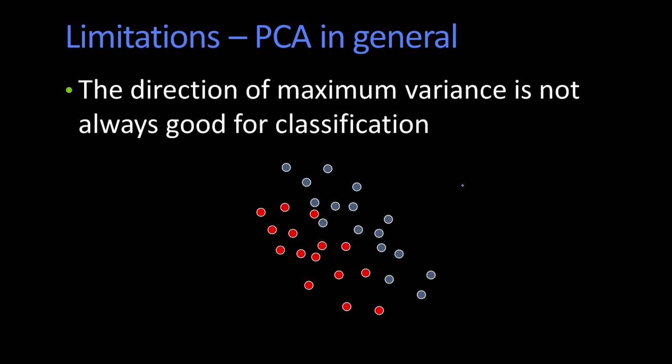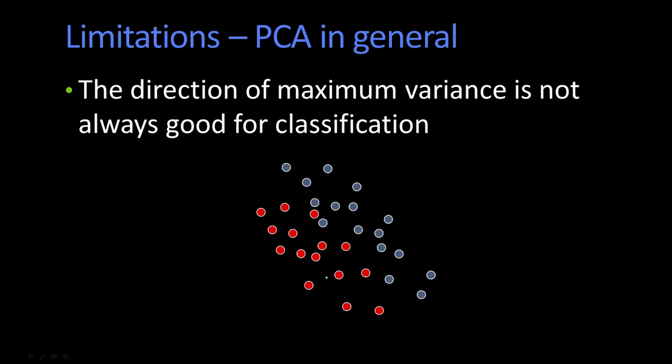Another limitation that is sort of a more theoretical basis for PCA in general, principal component analysis. Typically, the way you do it is you take your entire population, you find the direction of variance over the whole population, you project down along those dimensions, and then you try to discriminate between the different classes. In this data here, we have blue points and we have red points.